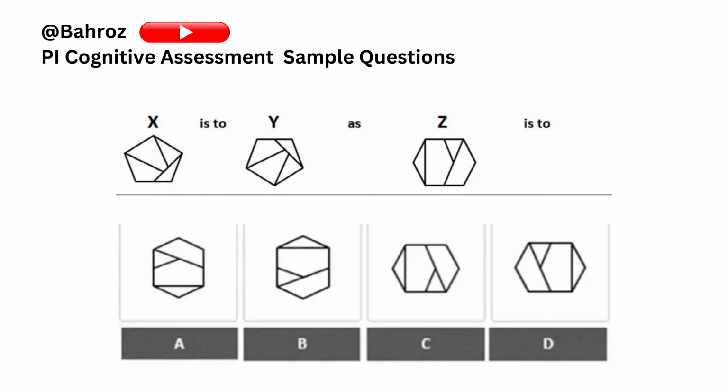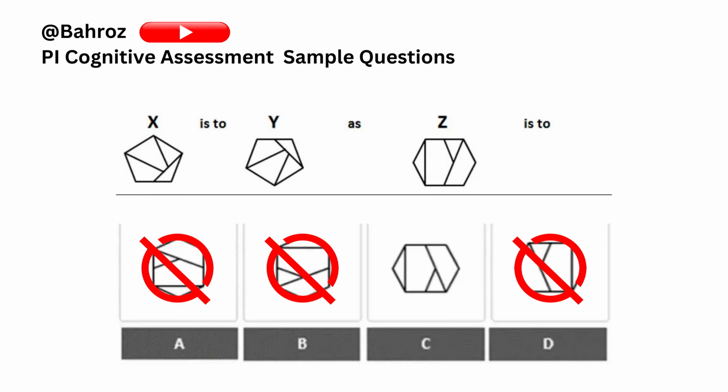We need to first find the relationship between X and Y. Here the relationship we see between X and Y is that the image is getting inverted altogether. So the bottom part goes up and the top part comes down. So we will do the same with Z as well to find the next symbol or shape, which means A and B will be out because A and B are not fully inverting, and hence our answer would be C, because in C we see that the shape gets inverted fully.